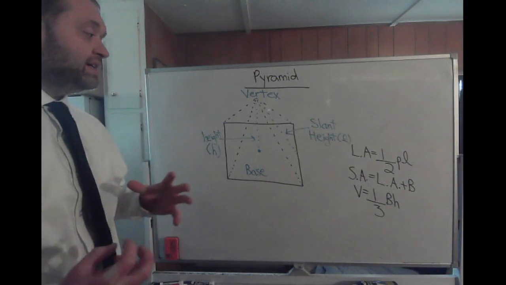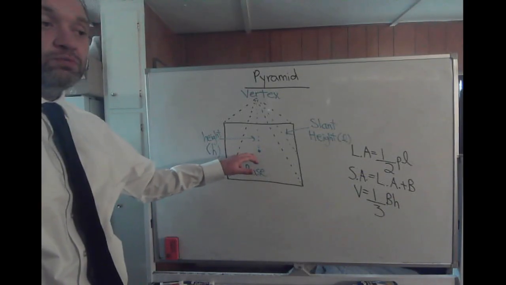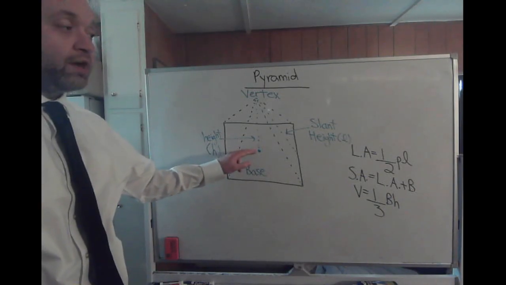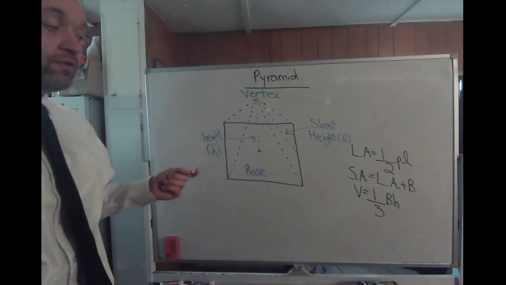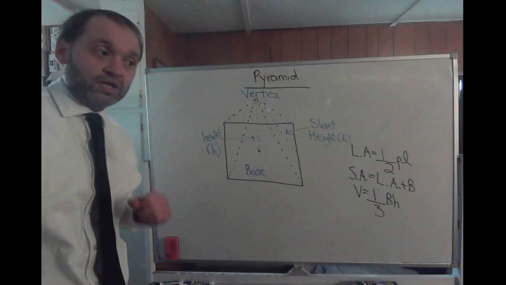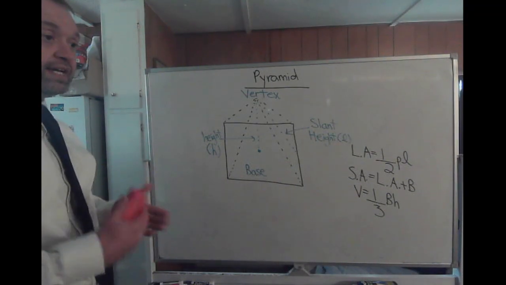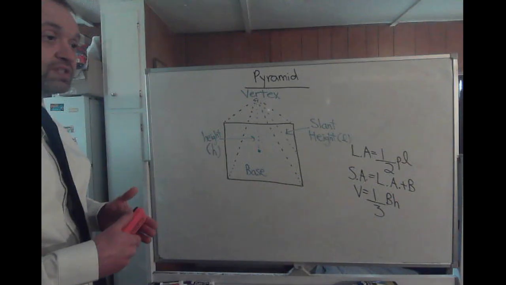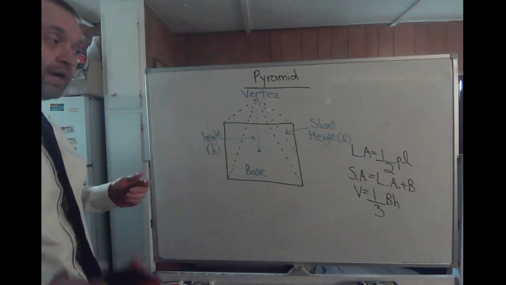The idea is, if I took this square pyramid and put it inside of its cube, which is a square prism, essentially, you could fill it 1/3 of the way full, and it would take 3 pyramids to fill the prism. That's where that 1/3 comes from. Same is true if I had a rectangular pyramid. I'd have to put 3 of those inside of a rectangular prism to fill it up, or, what have you.